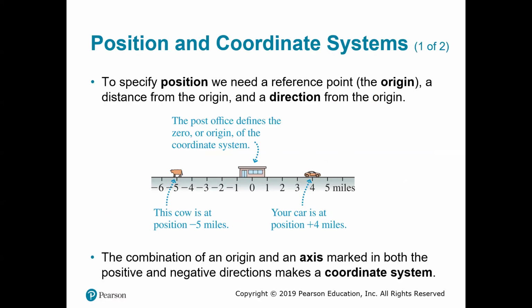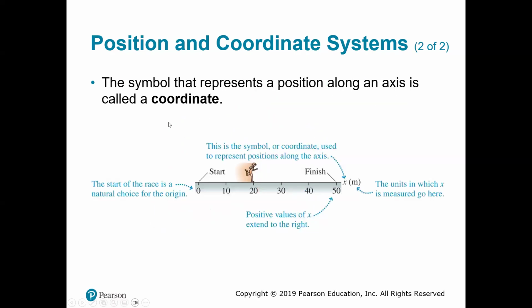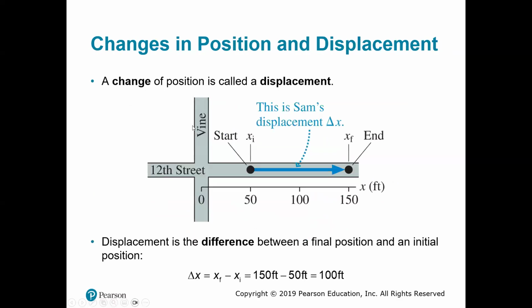That means the direction here is either to the right or left, right? And the origin for this case is here, right? The car is at position plus 4 miles. So that's a location. And the cow is at minus 5. It's so easy, right? And then coordinate, it's a symbol, so you already know that.